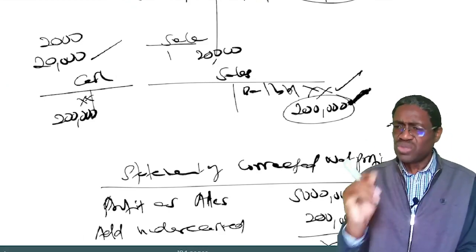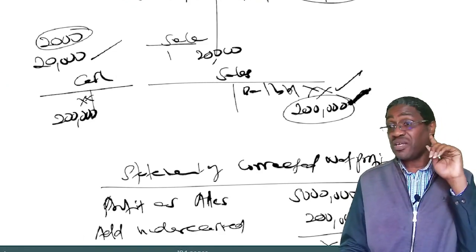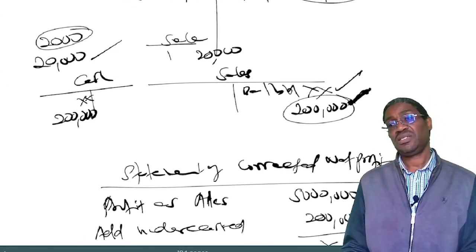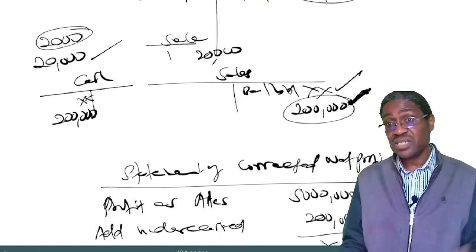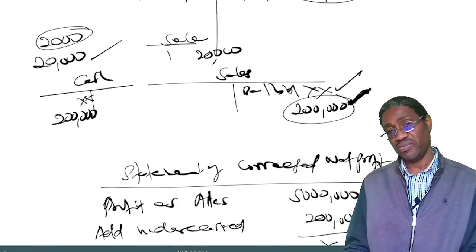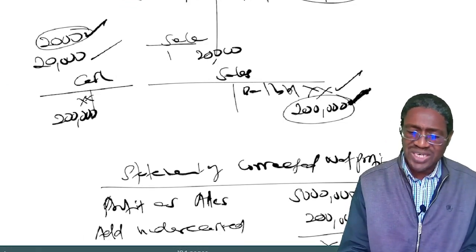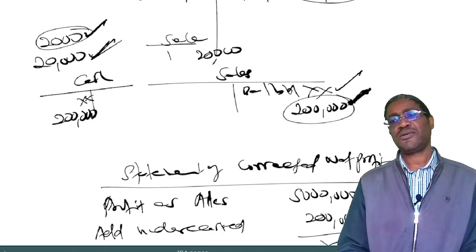But your true sales were 2,000. Will that affect the profit? Yes. Will the trial balance balance? Yes. It's an error of original entry. We mentioned them.